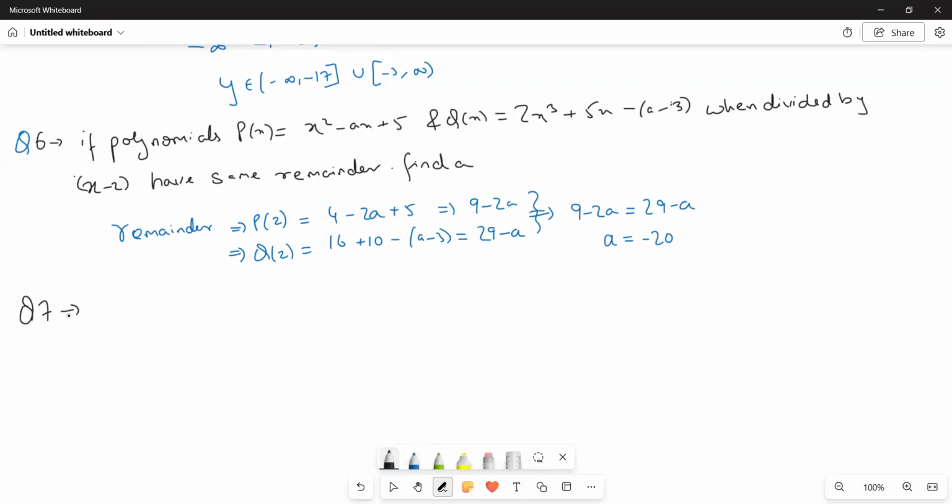Okay, next question. If A, B, C are the sides of a triangle, and no, let's do it like this, are the sides of a scalene triangle.